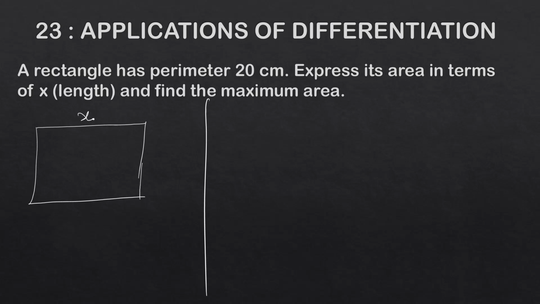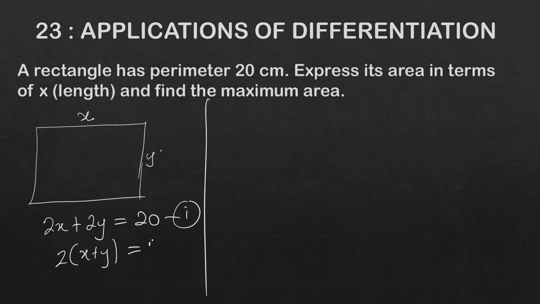Okay, so the length is x, and I'm going to call its breadth y. So 2x plus 2y is going to be 20. This is my first equation, because that is what it is. So I'm going to say 2 bracket x plus y is equal to 20.